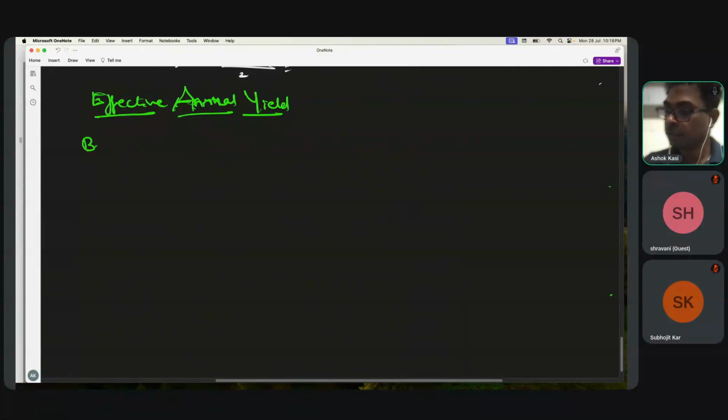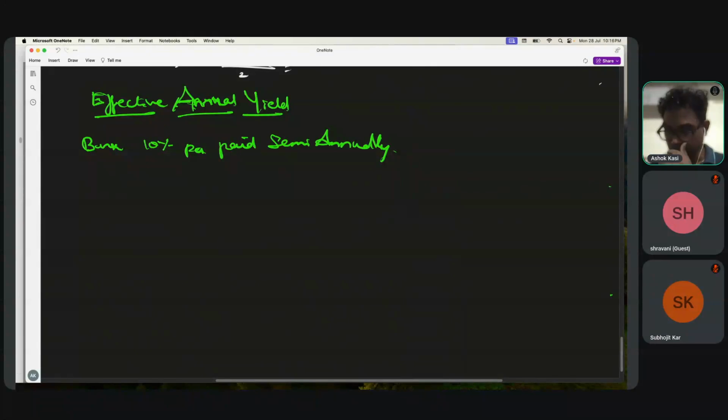Say for example, your bank is paying you 10 percent per annum. You have deposited money, and the bank says I will pay you 10 percent per annum, paid semi-annually, let's say. So effectively, how much are you going to get after 1 year? That is the question. It looks like 10 percent, but let's see.